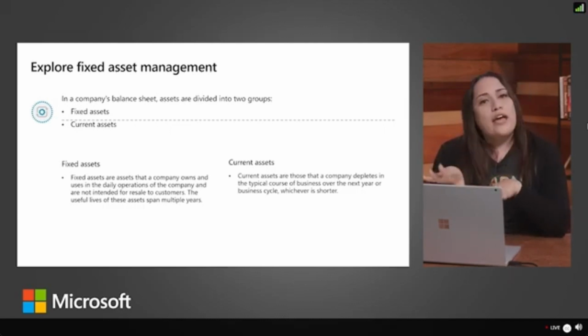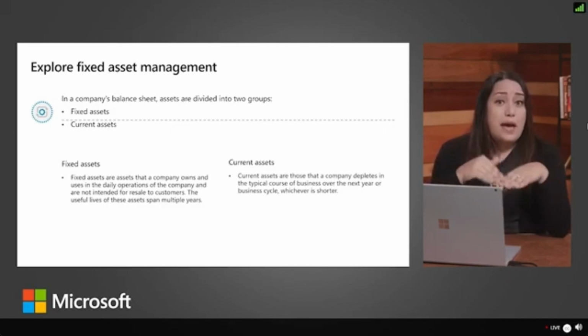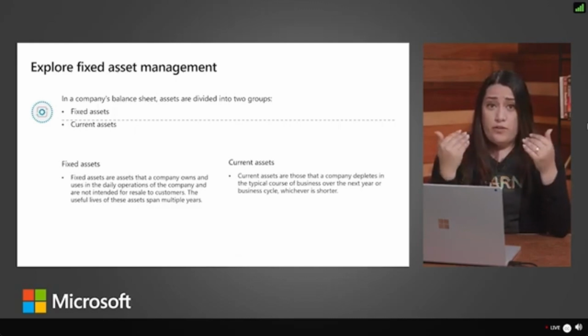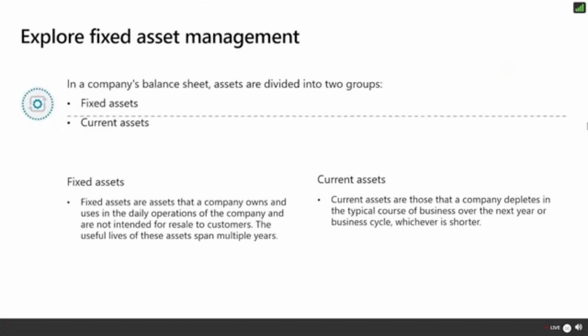Now, if you were to look at a balance sheet, the fixed assets are reported at their net book value, which is what the purchase price was, minus any type of depreciation or amortization. Think of fixed assets like land, buildings, machinery, computers, furniture, any copyright patents, software, and so on.